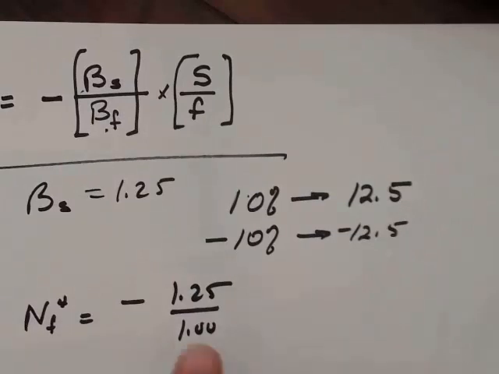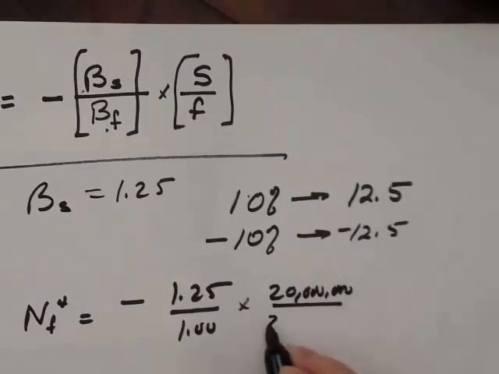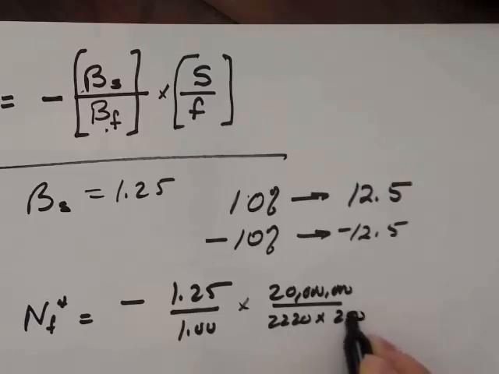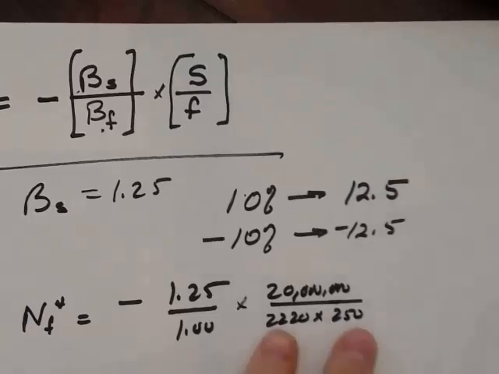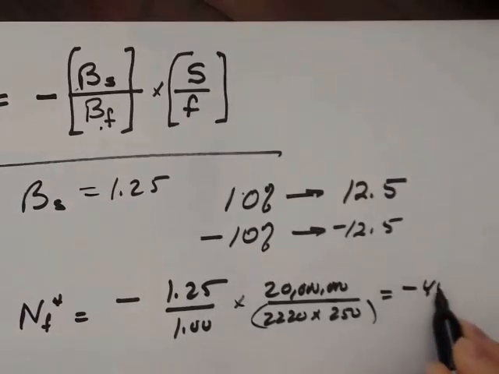So look, right away you're going to need 25% more futures contracts to absorb that extra risk. Then you have a $20 million portfolio to hedge, and the futures contracts, including the size adjuster here, is this product right there. So you're going to need minus 45 contracts.